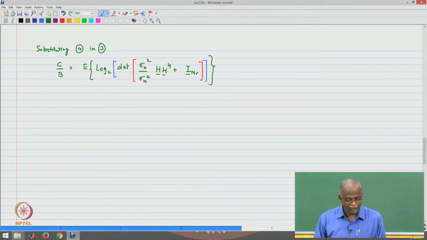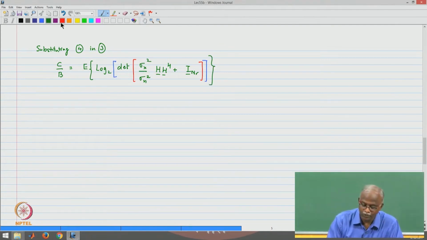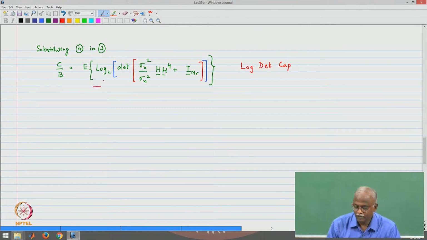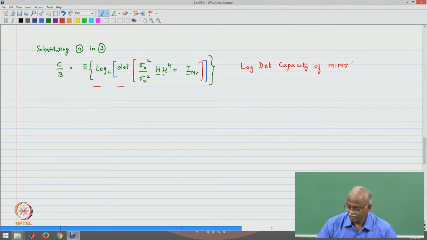So, this is the expression that we have, and this is what is often referred to as the log det capacity of a MIMO channel. We have the logarithm of the determinant of an expression, and this is called the log det capacity of a MIMO system, MIMO channel.